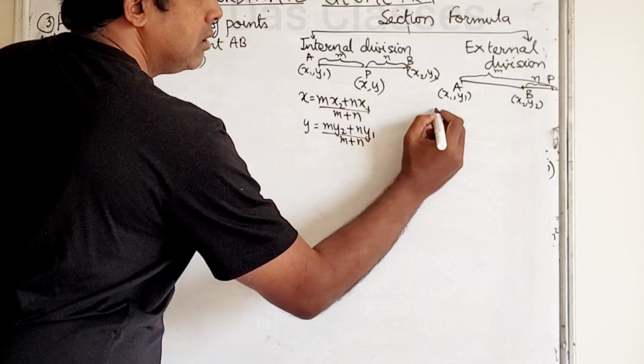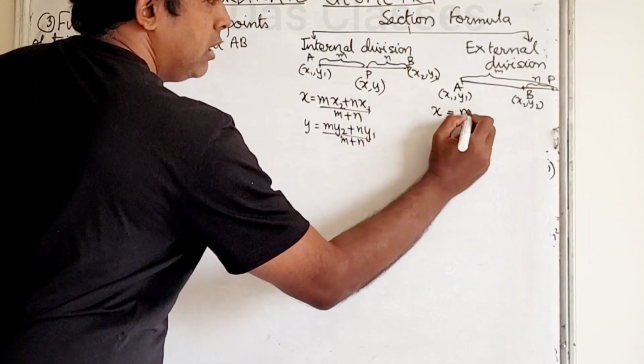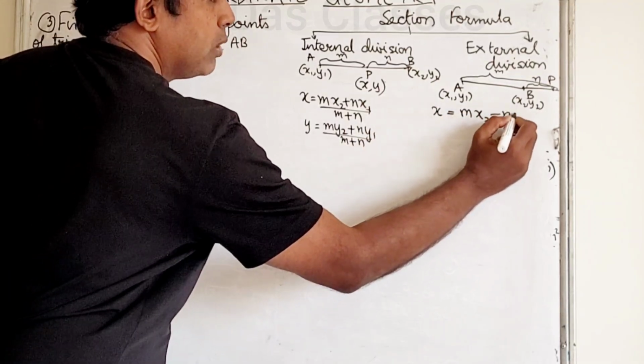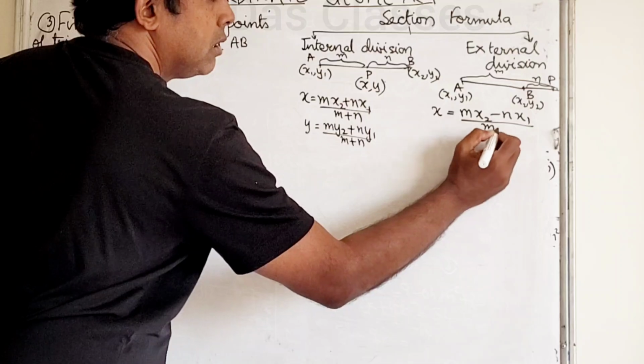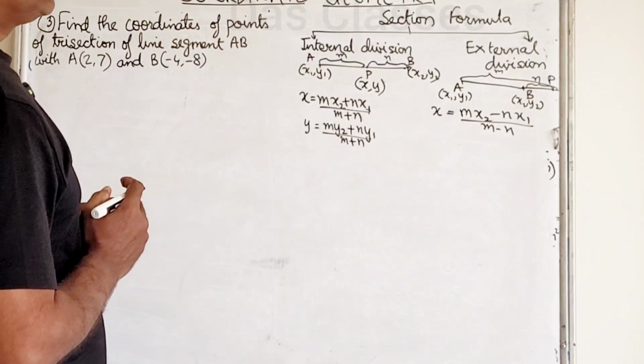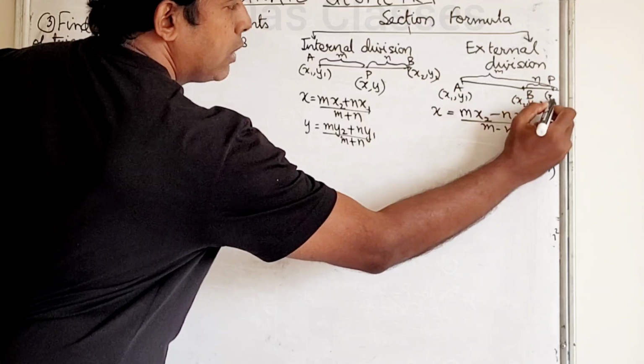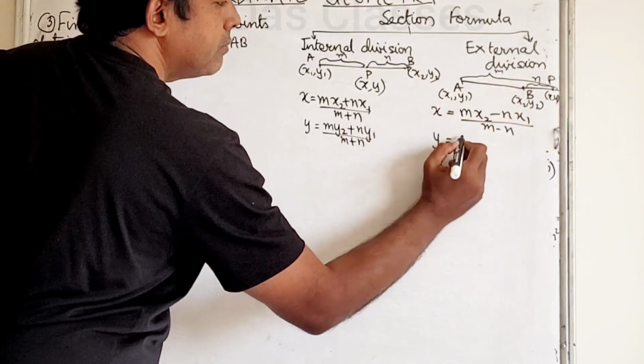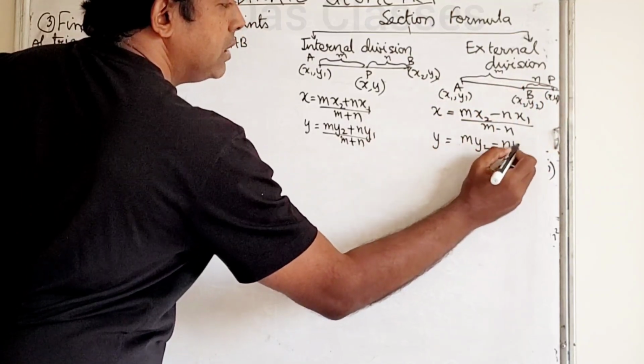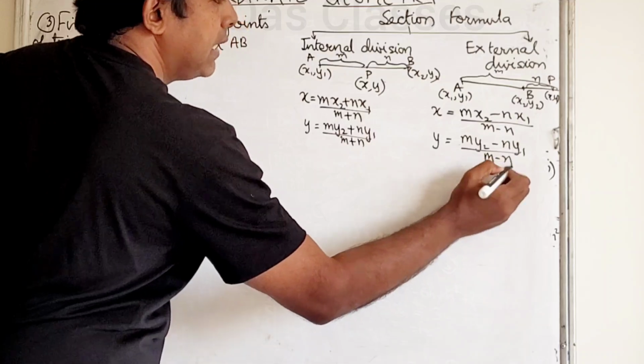In that case, the formula is the same thing, just a minus sign over there: m x2 minus n x1 upon m minus n. Same way, if you want to find the y coordinate of that point, it's going to be m y2 minus n y1 upon m minus n.